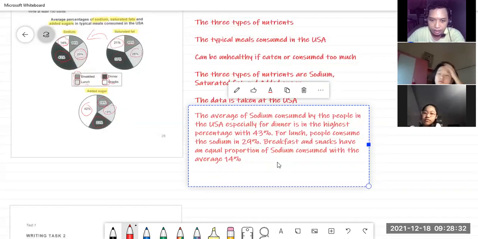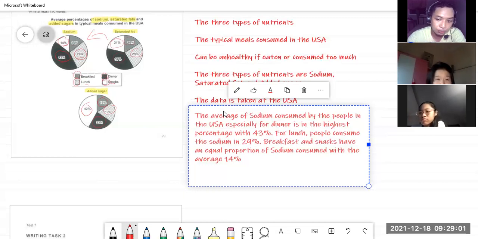Okay, so remember when you explain the chart or the diagram, start from the biggest number first, the highest number or the highest percentage, which in this case, for sodium consumed in the USA, is for dinner, with 43%.